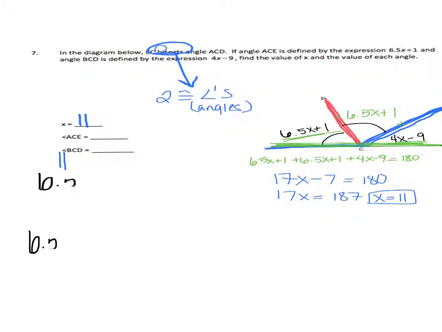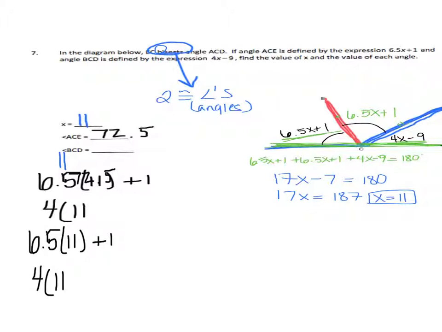So 6.5 times 11 plus 1 is 72.5. And then BCD was 4x, or 4 times 11 minus 9. That's going to be 35.